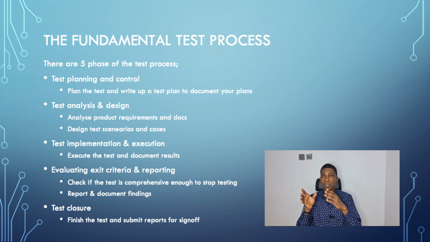After analyzing the product documents, you're now going to do test design, right? Designing the test, designing test cases, designing test scenarios. Once the test basis is studied, gaps and ambiguities can be identified.